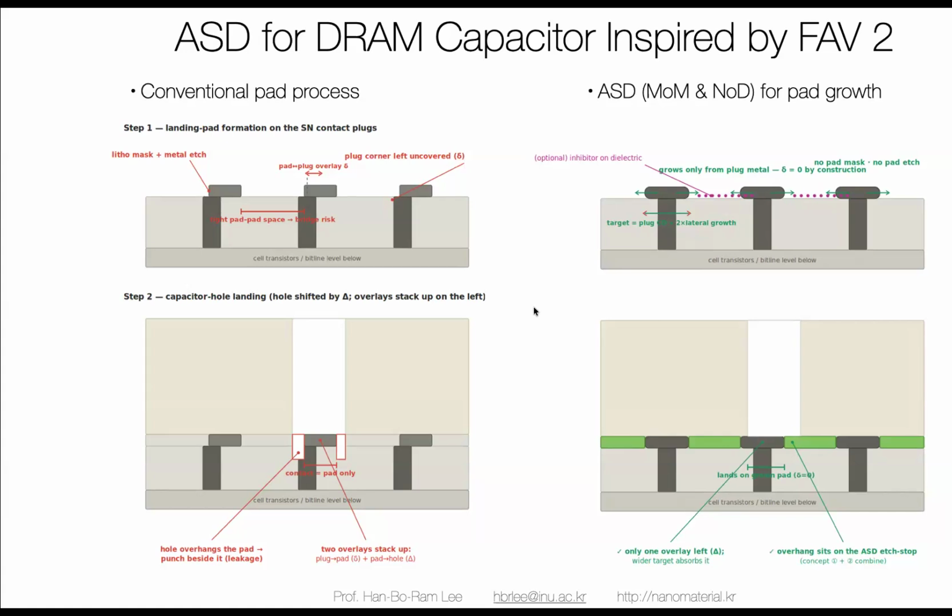Because ALD growth is isotropic growth, we cannot prevent the lateral growth. But for this idea, we can actively use the overhang growth. We intentionally grow overhang, right? This is the inhibitor overhang growth, making a path instead of this photolithography and etching process. And then selectively deposit silicon nitride. So by using this idea, there is no misalignment error in here.